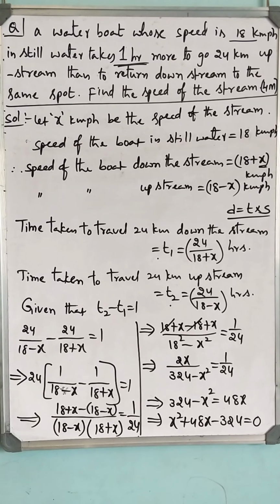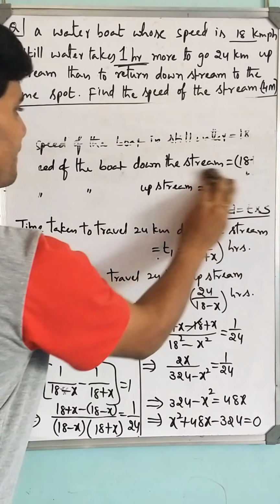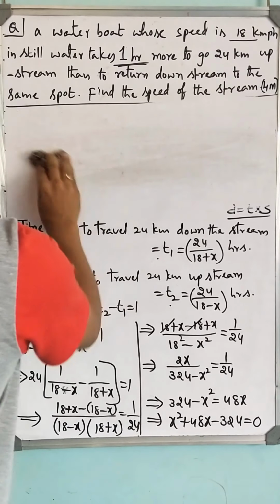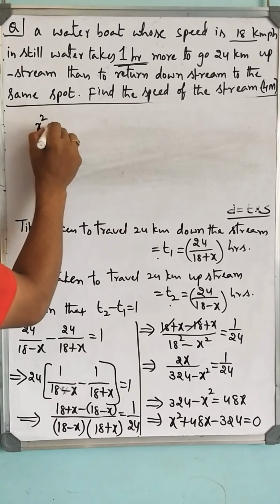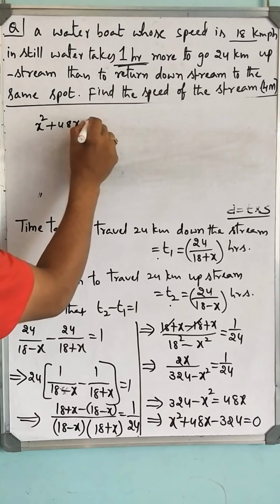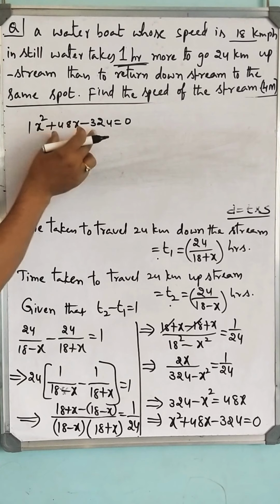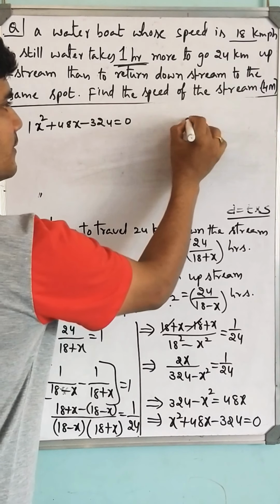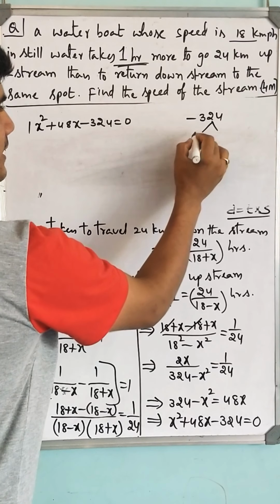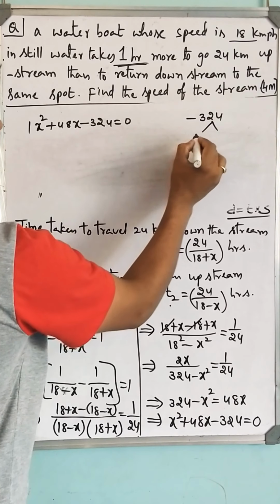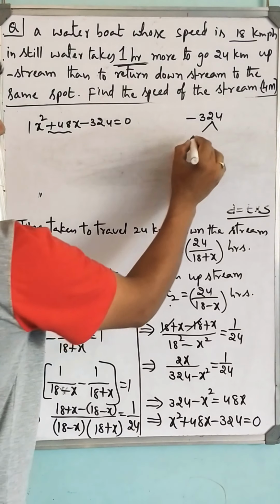Now let us solve this quadratic equation. x square plus 48x minus 324 is equal to 0. As it is a monic quadratic equation, you can factorize. Like it is 18 square, you have to factorize in such a way that the difference of the factors should be 48.